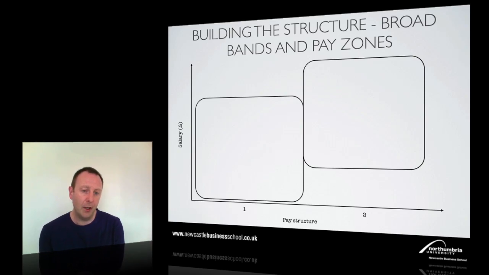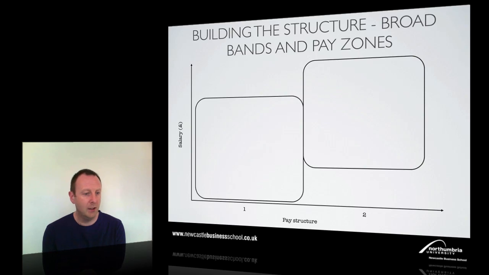Now, typically, if you are an employee within one of these broad bands, say for example you're an employee somewhere near the bottom of band 1 on this diagram here, and you look up at the scope for salary increases up to the maximum of your range, and you think, goodness, there's a long way to go. That's great.